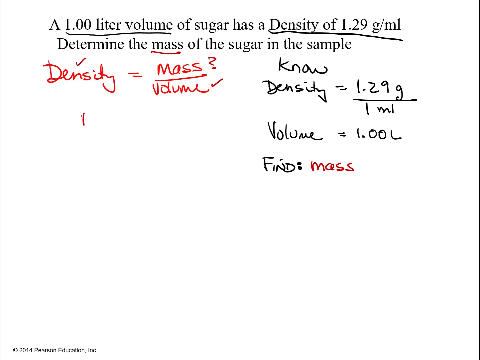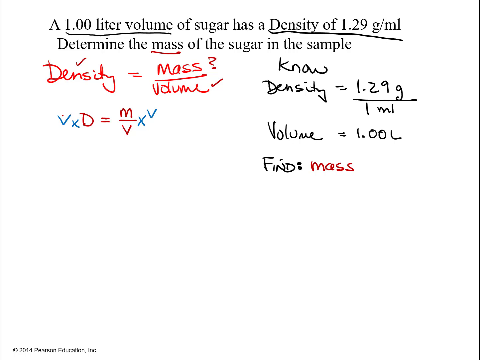So you can simplify the formula and just say D equals M over V. Density equals mass over volume. Just so that you have letters to move around. It's easier than moving around words. So the one I got to get all by itself is M. How do I do that? Remember in algebra, multiply both sides by V. You can multiply both sides by the same thing.